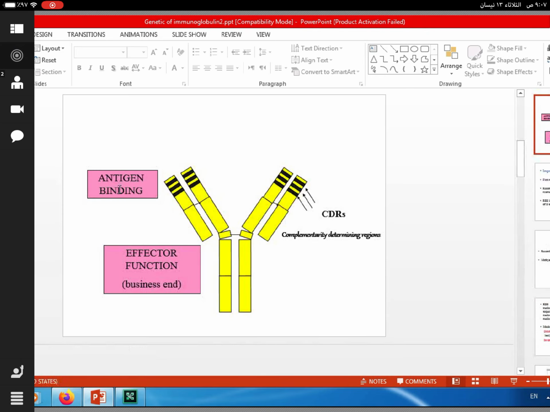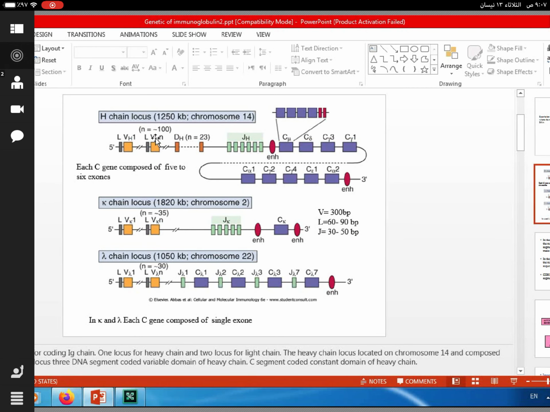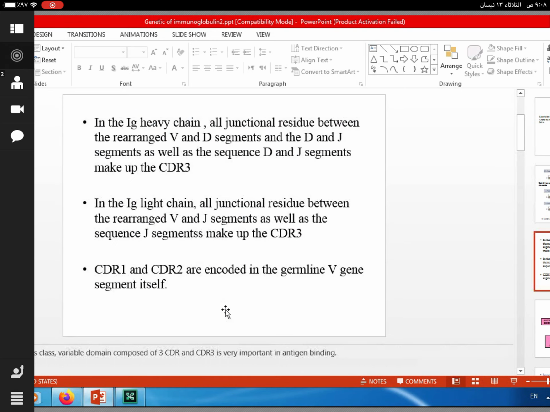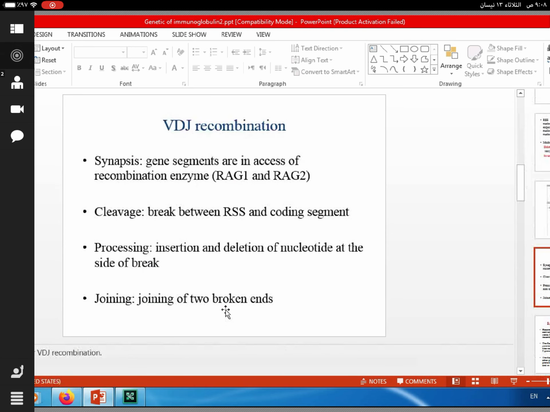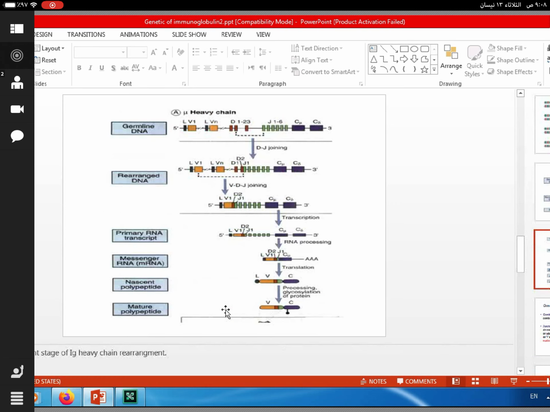In the heavy chain, V 100, D 23, J 6 segments. Randomly, these segments join to each other. This phenomenon is named combinatorial diversity.